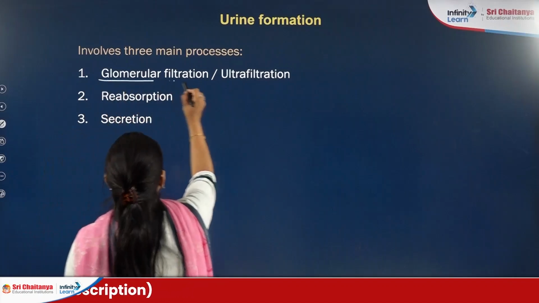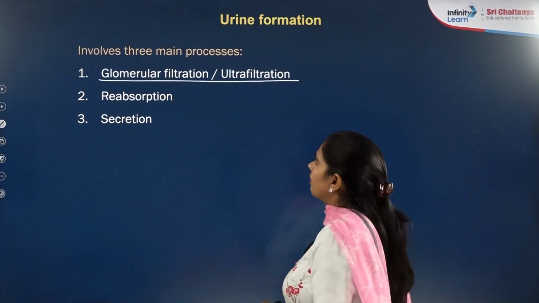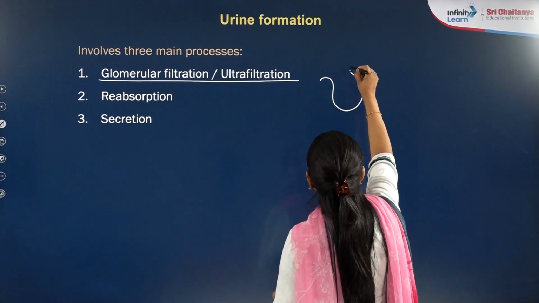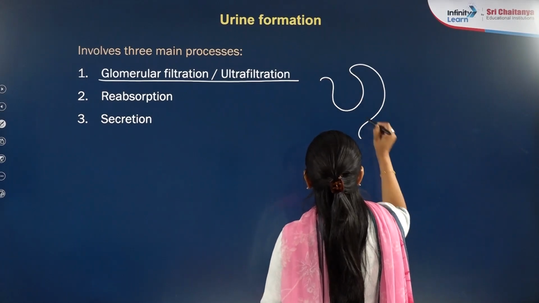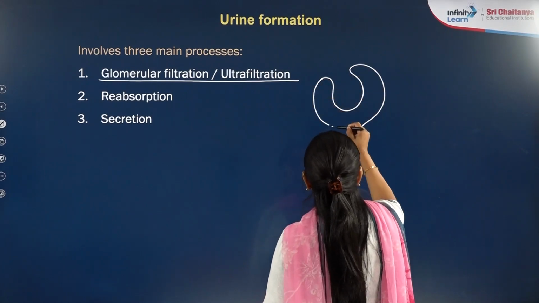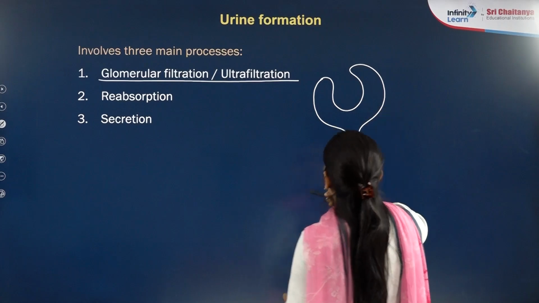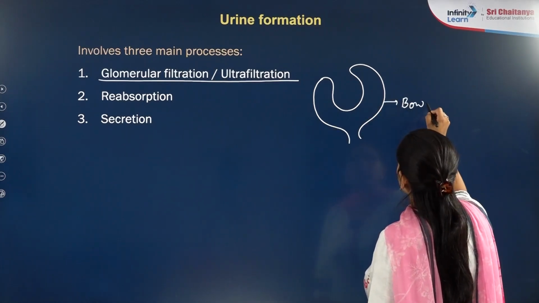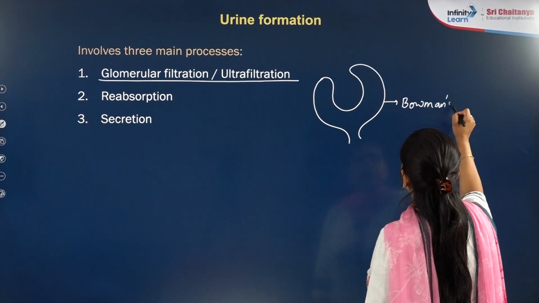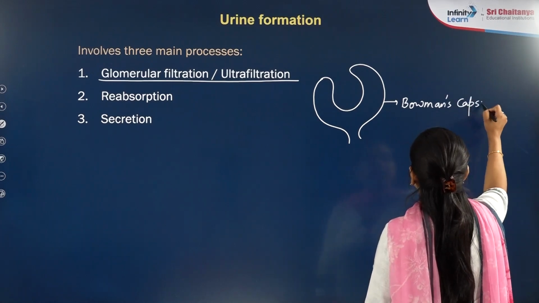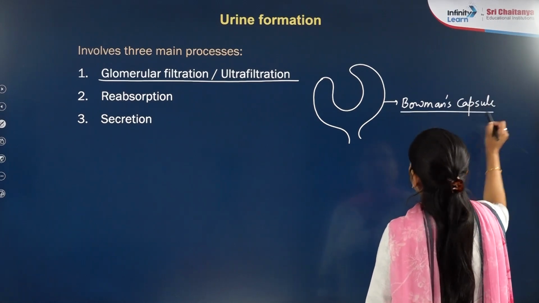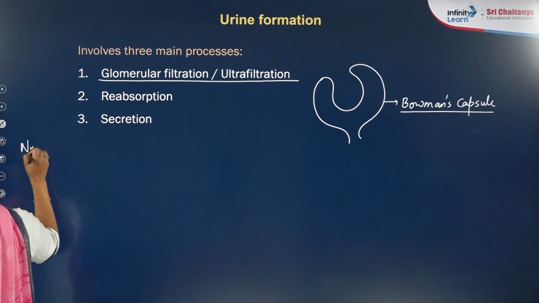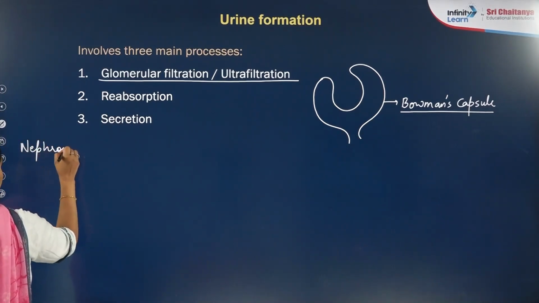Glomerular filtration occurs where? In the glomerulus, and the glomerulus is present in the Bowman's capsule. So here I have made Bowman's capsule, which is part of the renal tubule. I have described nephron in the previous session.